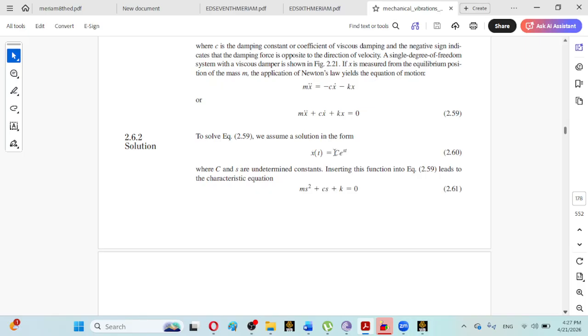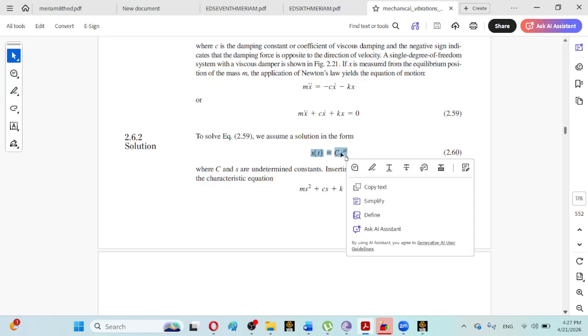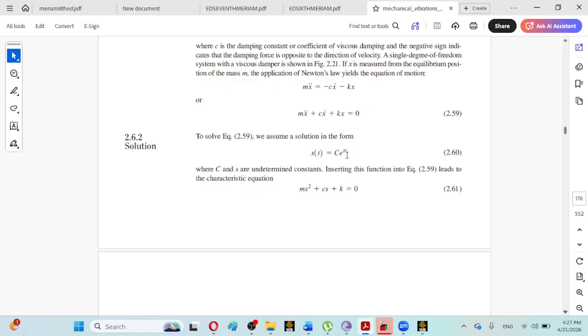The same solution that we assumed for free undamped oscillations has been assumed here for the damped oscillations, as assumed at the start of the chapter. So equation 2.60 is the assumed solution for the response for this governing or modeling equation.